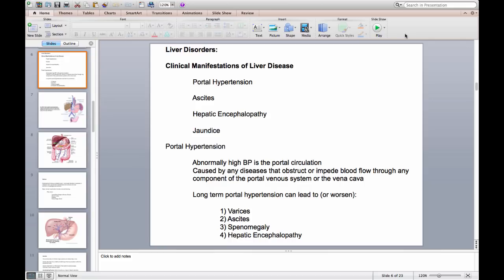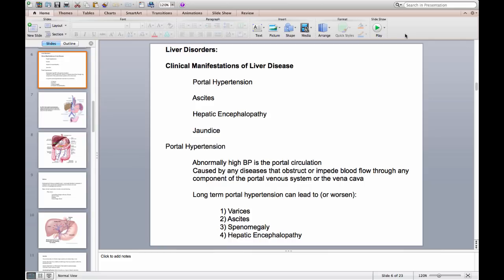Now, which of the complications I mentioned is that going to contribute to? Okay, so it's going to contribute to all of them. But if the blood that's supposed to get detoxified by the liver doesn't get detoxified by the liver but enters general circulation, I think I'm hearing it, hepatic encephalopathy.